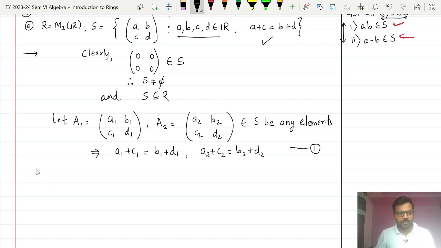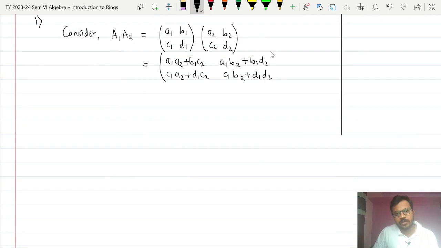Now moving towards proving the first condition. Naturally, I am going to consider the multiplication of these two arbitrary elements that we have taken from S. So consider A1 multiplied by A2 and let us see what we get. That is what we get after multiplying A1 and A2.